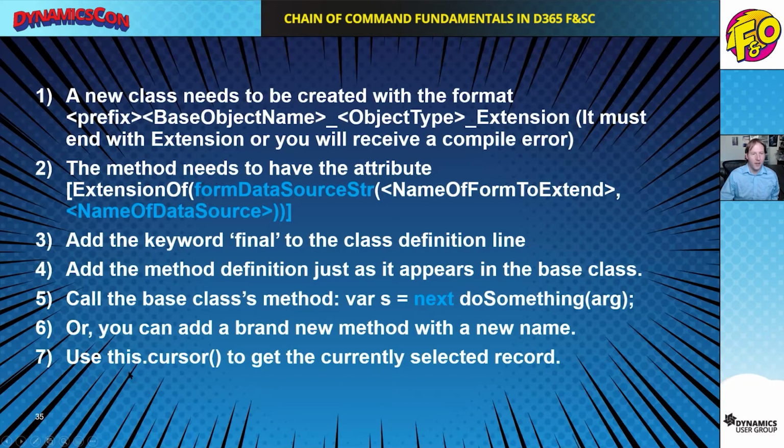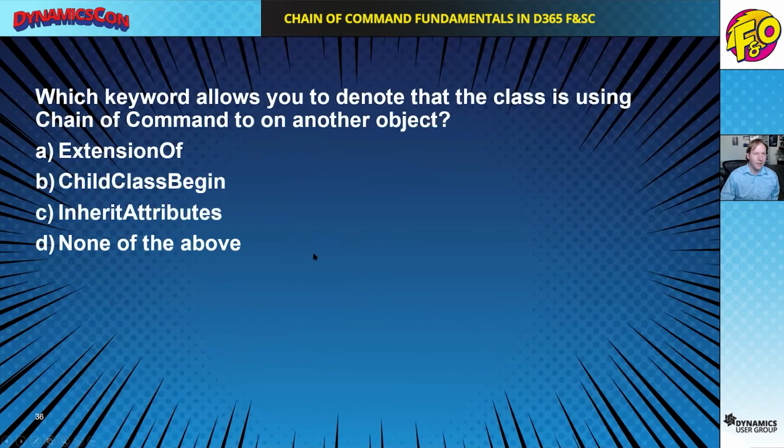But everything else about this is the same. One key thing to keep in mind is if you want to get the currently selected record, you can use this.cursor to get that currently selected record. That's most of the time what you want to do when you're working with data source forms. So let's look at that in a second.